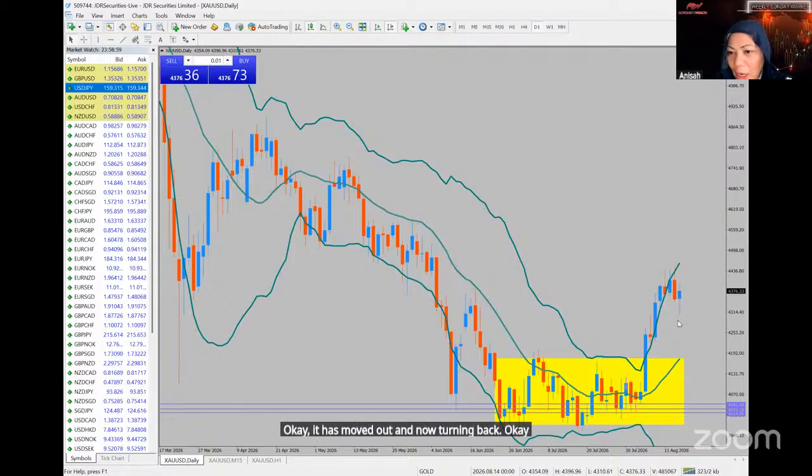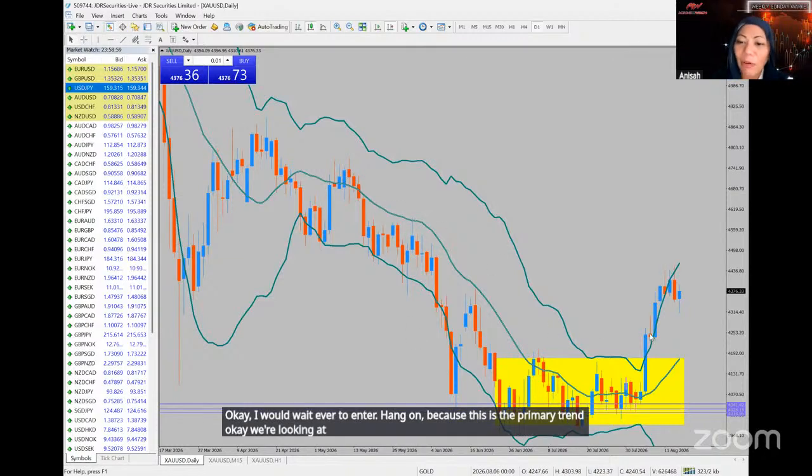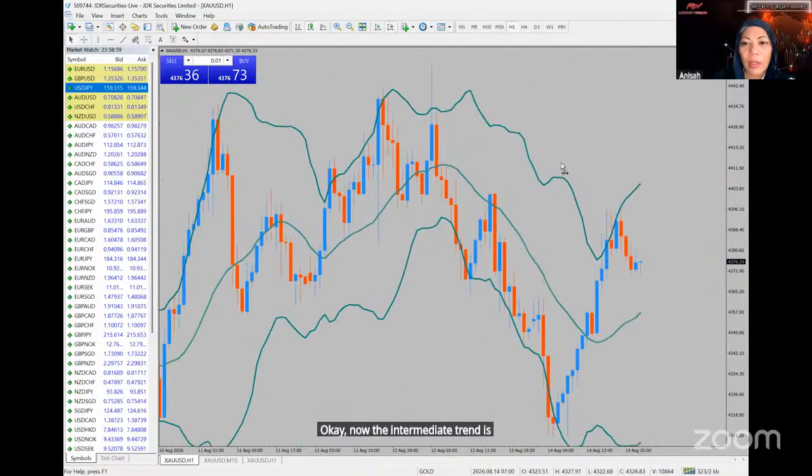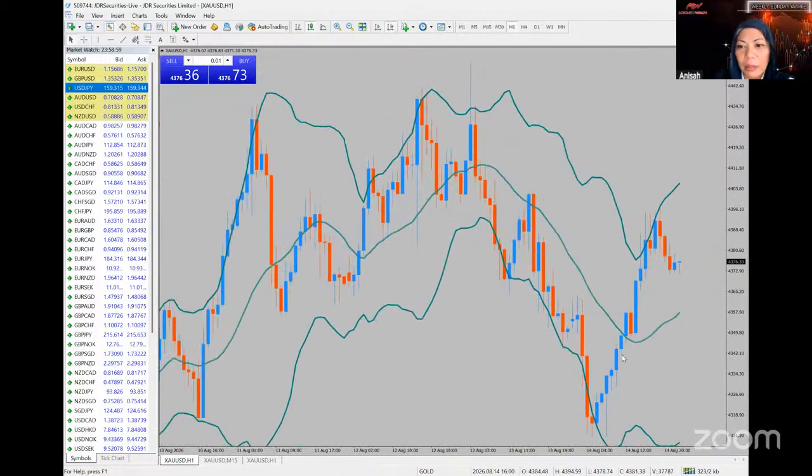Hang on, because this is the primary trend. We're looking at a bottom, just come up from the bottom. Now the intermediate trend is up, broken from the top of the rectangle here.